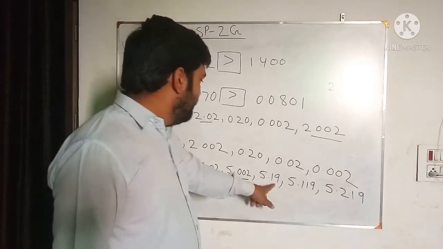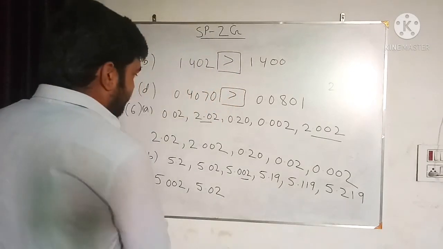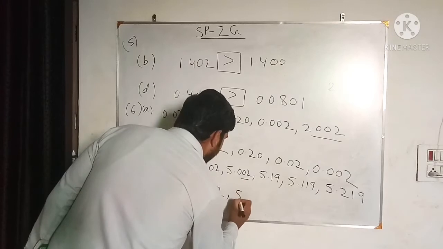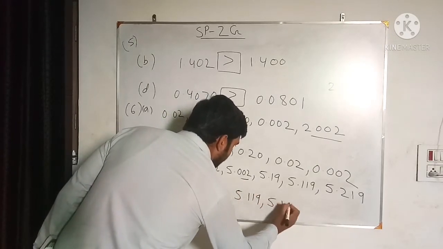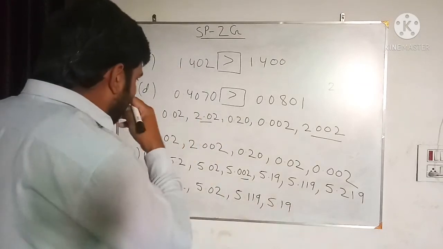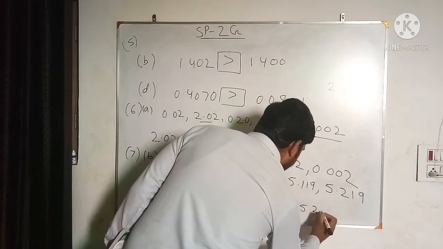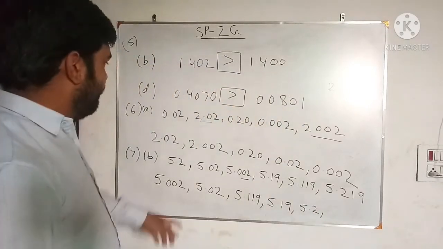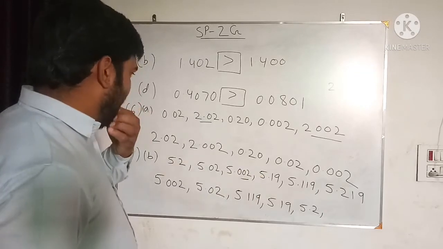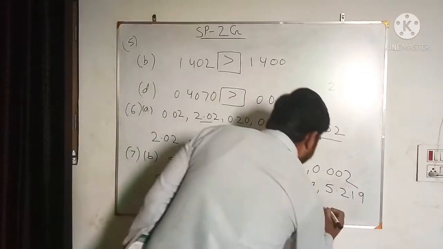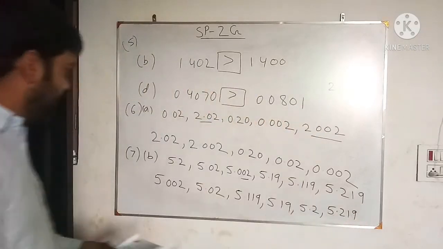And this is 119. So first you write 119, that is 5.119, and after that 5.19, 190, and after 190 you write 5.2, 200, and the largest is 5.219. Okay, like this we have to write in ascending order.